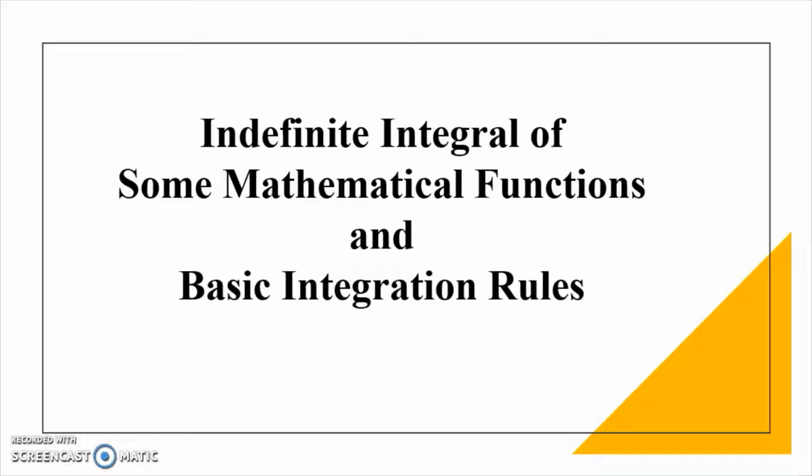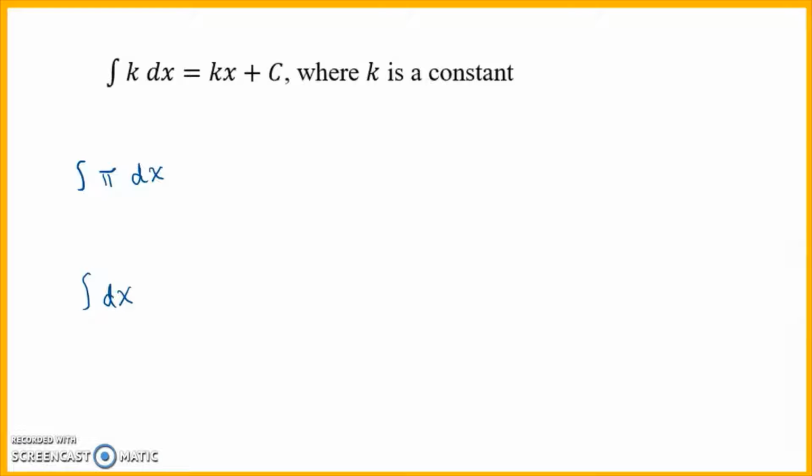Now we will look at the indefinite integrals of some mathematical functions first, and the basic integration rules. First one, the integration of a constant function k will return the result kx plus c, where c is a constant.